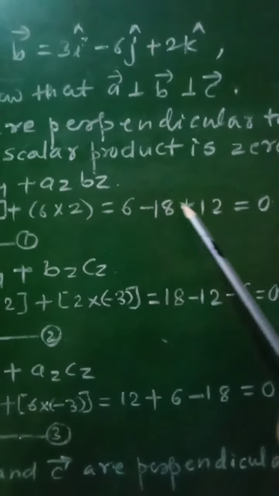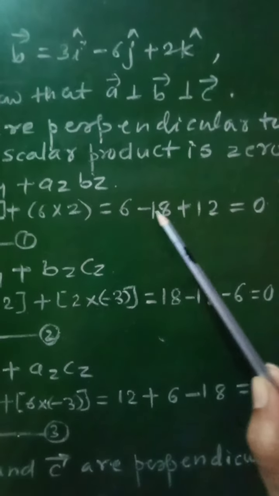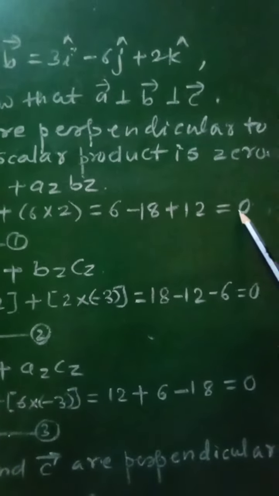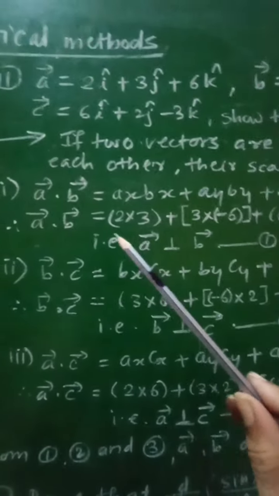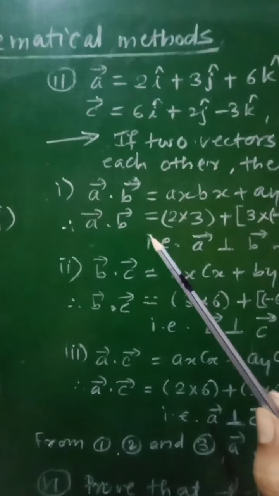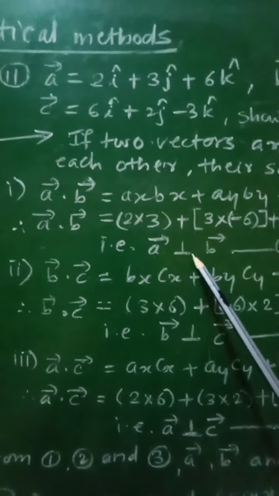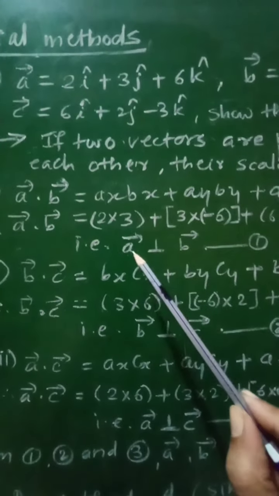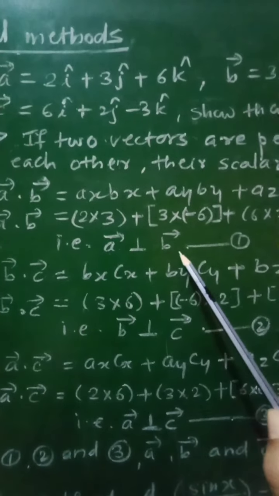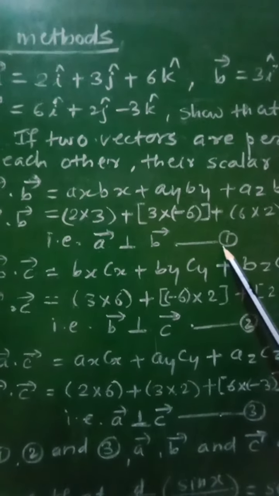So 6 plus 12, that is 18, 18 minus 18 will be equal to 0. Therefore, as the scalar product of vectors A and B is 0, we can say that vector A is perpendicular to vector B. First equation we will get.